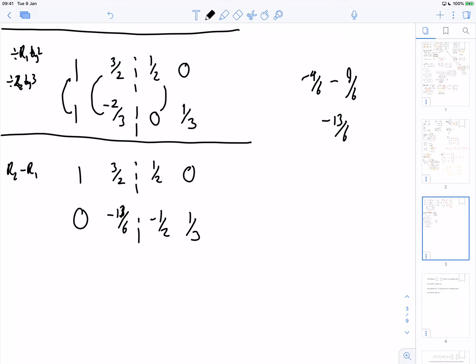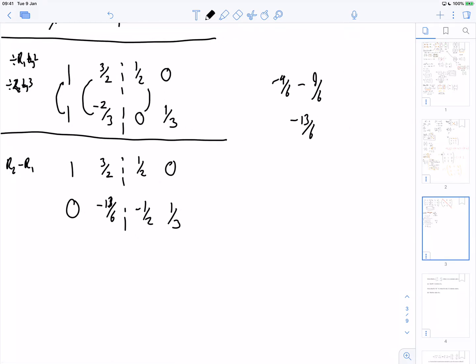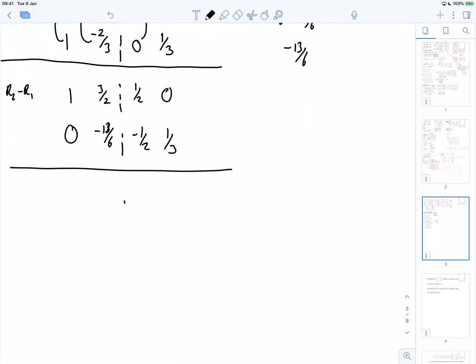Okay, now what can I do? Well, I'm going to take row 2 and divide it by minus 13 over 6. This becomes a 0, 1, which is what I wanted. Now, dividing by minus 13 over 6 is the same as timesing by 6 over minus 13.